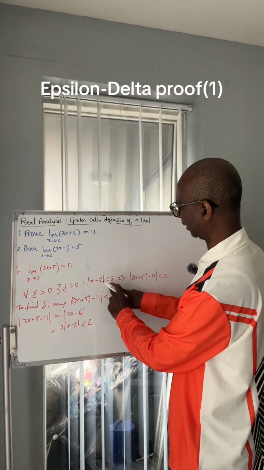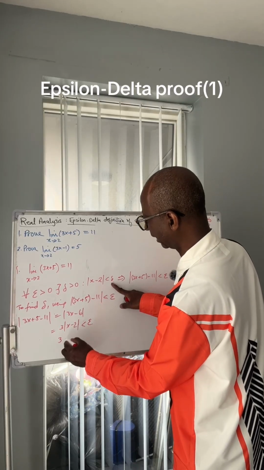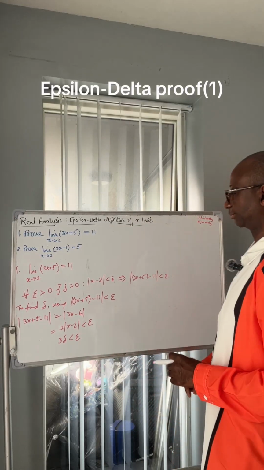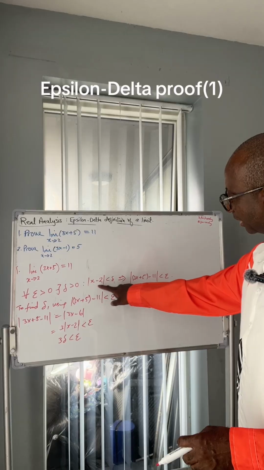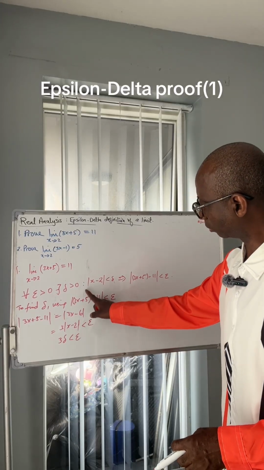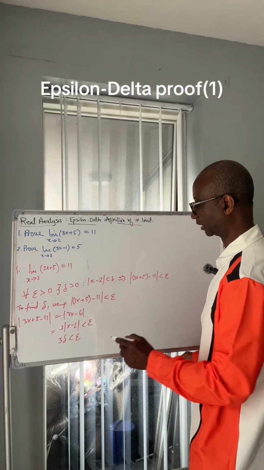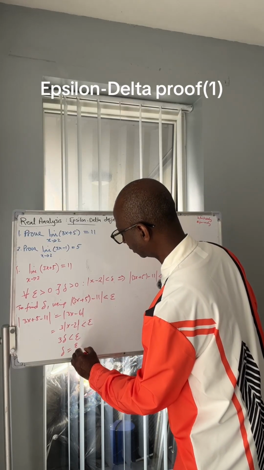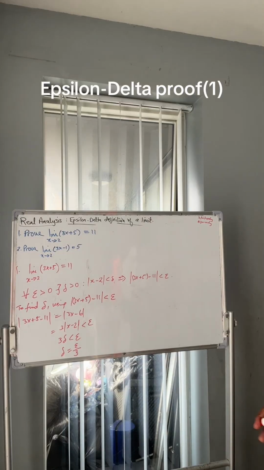So what we need here, this is now 3 times delta is less than epsilon. Can you see that? Because this is delta, but it has a multiplication here of 3. So 3 times delta is less than epsilon. It's delta we want, yeah? So delta here is therefore epsilon divided by 3. Now we got a value for delta.